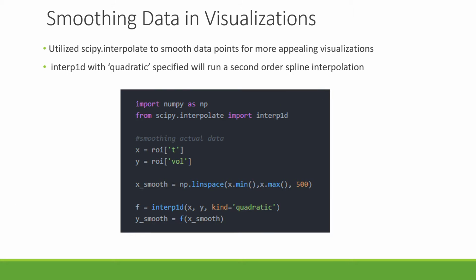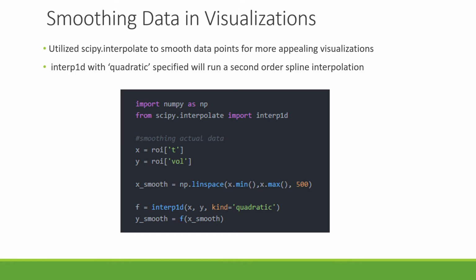Another interesting thing that I explored was smoothing the data in visualizations. I wanted to make sure that the graph was visually appealing and very easy to tell where the trend was going, so I wanted to smooth out the data. To do this, I used a function from SciPy called interp1d. This uses what is called a spline interpolation, and the type which you see in the second to last line of that piece of code is quadratic.